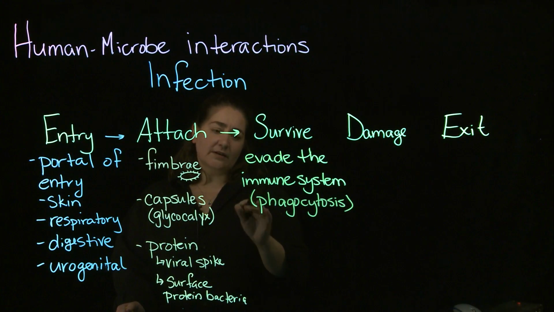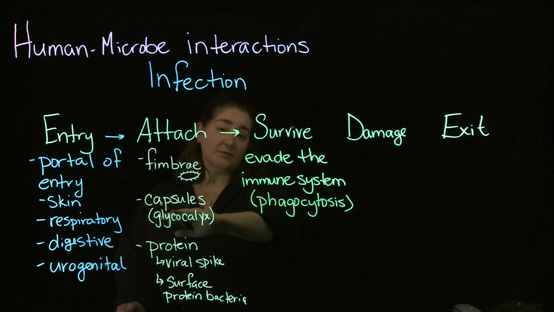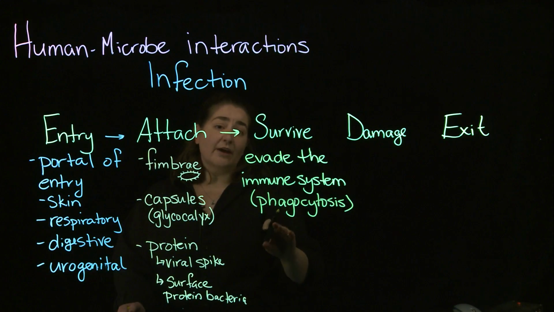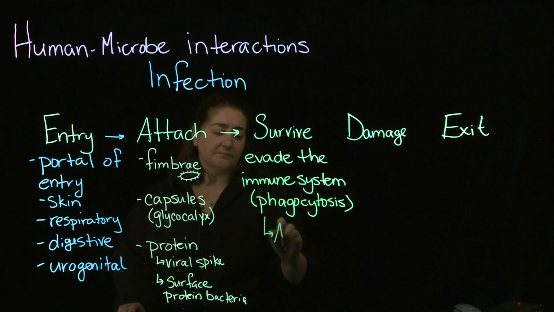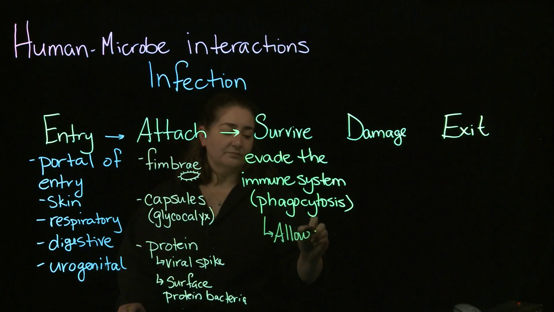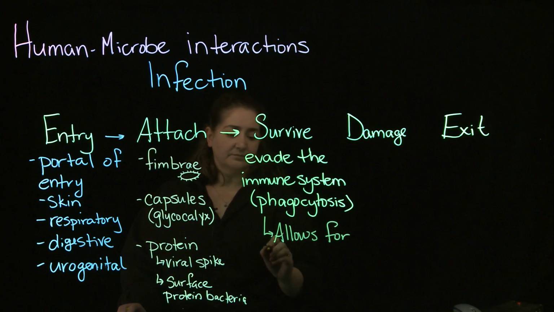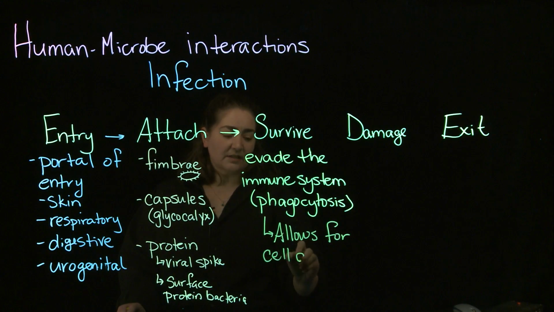And if it avoids phagocytosis via maybe the capsule that's around it, or by other factors that are secreted by the pathogenic bacteria, that then allows for cell division to happen.